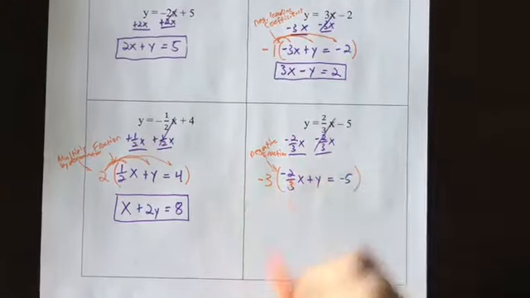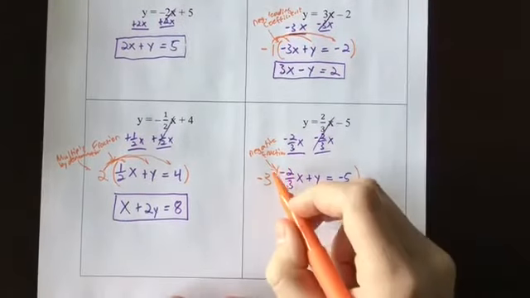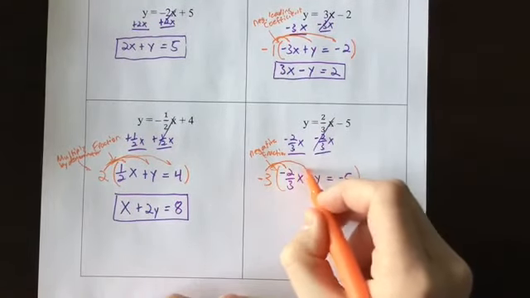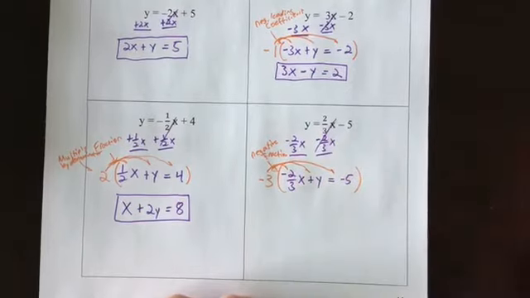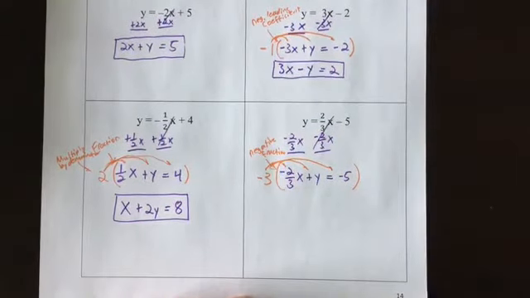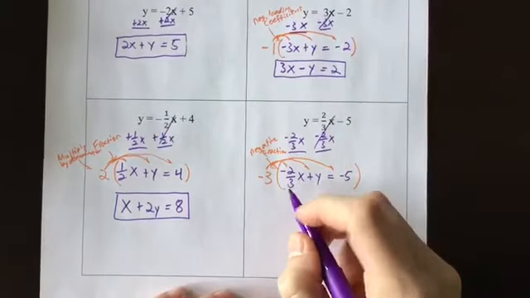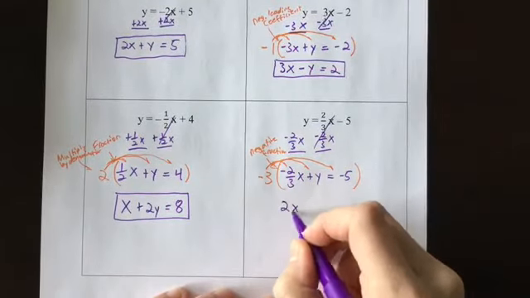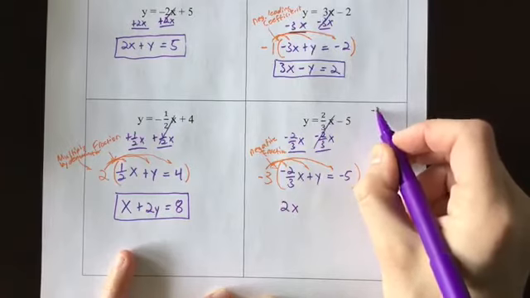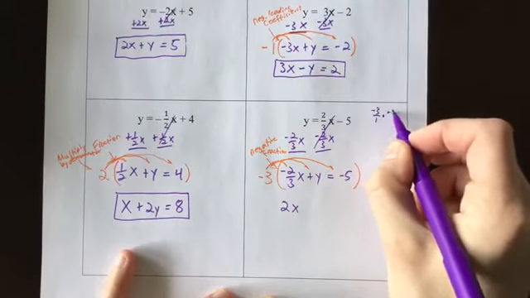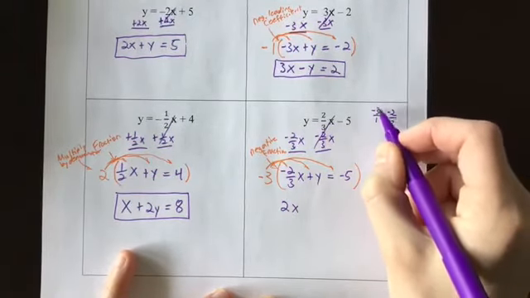So we get negative times negative is a positive. So we're distributing the -3 to all three terms, and we'll multiply. -3 times -2/3, those 3's will cancel, and we'll have a positive 2x. If you're not sure, go off to the side. Think about what's happening in that multiplication, right? Our 3's cancel.